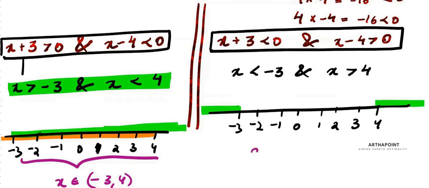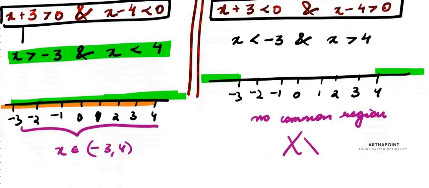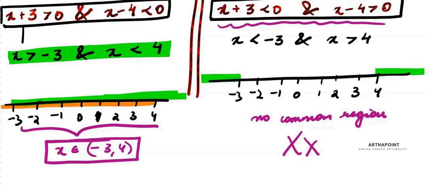So there is no common region. And since there is no common region, this cannot be satisfied. These two equations cannot be satisfied simultaneously. So therefore, the only solution is that x should be between minus 3 to 4.